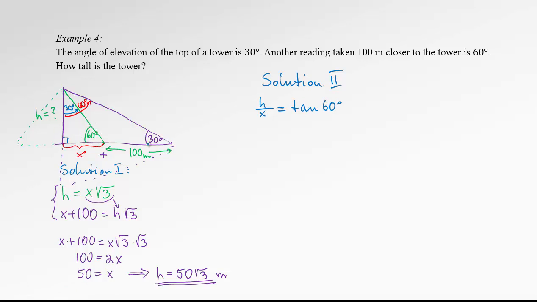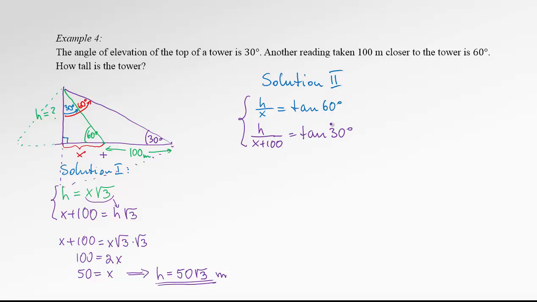And the second equation comes from the big triangle, the purple one. Again, opposite h over the hypotenuse, which is x plus 100: h over x plus 100 equals tangent of this angle, tangent of 30. Okay, that's our system of equations, and we just need to solve it.